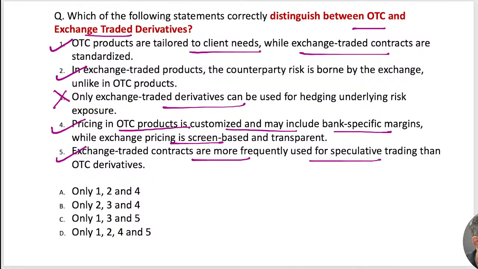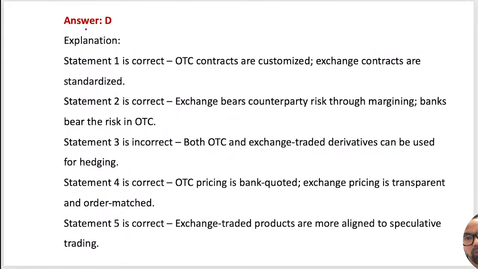What will be your correct answer? 1, 2, 4, 5 means option D will be the right answer for this. Very good. So option D will be the right answer in that particular case. Next one, guys.